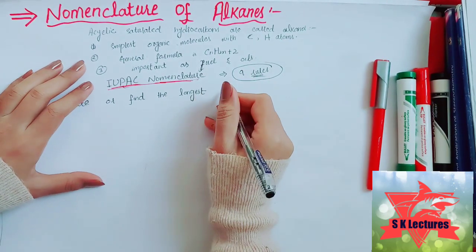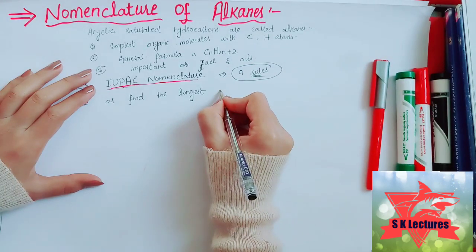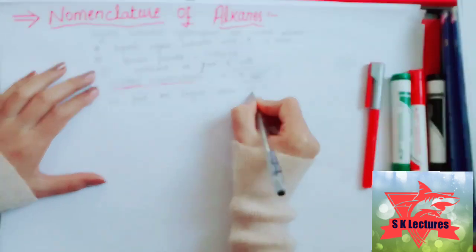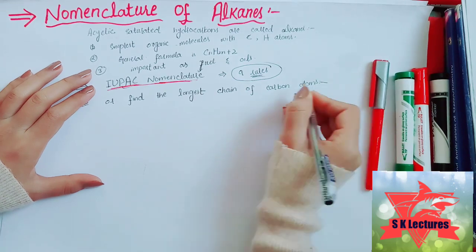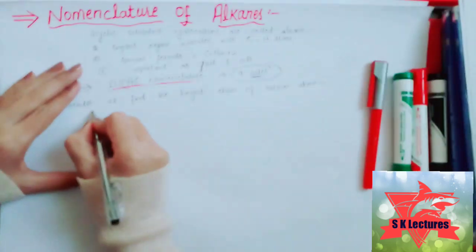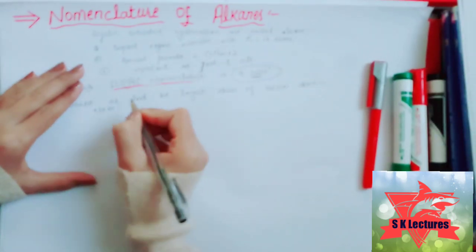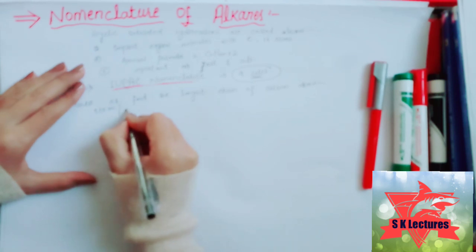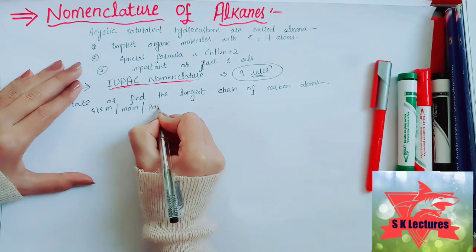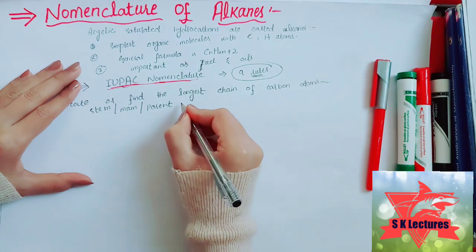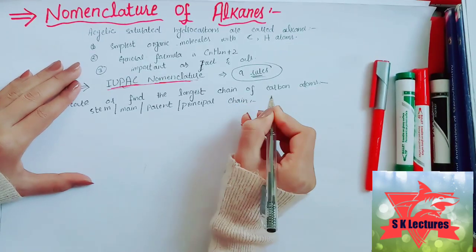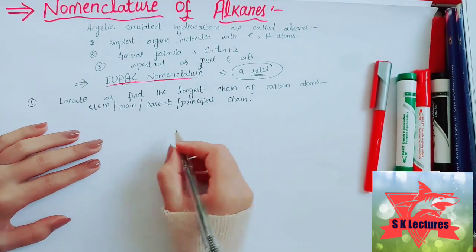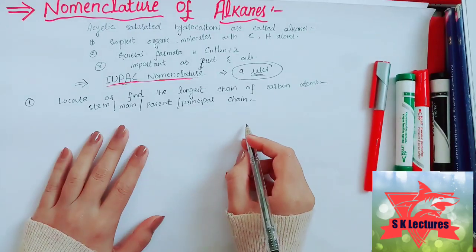We just need to locate where the largest number of carbon atoms are present. We will select that chain, and that chain will be called the main chain, stem chain, principal chain or parent chain. I will describe all of the rules which you need to follow with examples, every rule with an example.